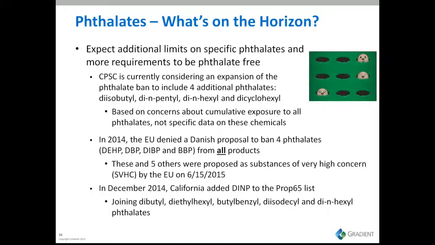This was just recently proposed on June 15th. So what that means is if you want to use those substances in a product, you will have to do a risk assessment to show whether that would be appropriate and also consider potential alternatives. So again, that's a proposal that's currently under consideration.